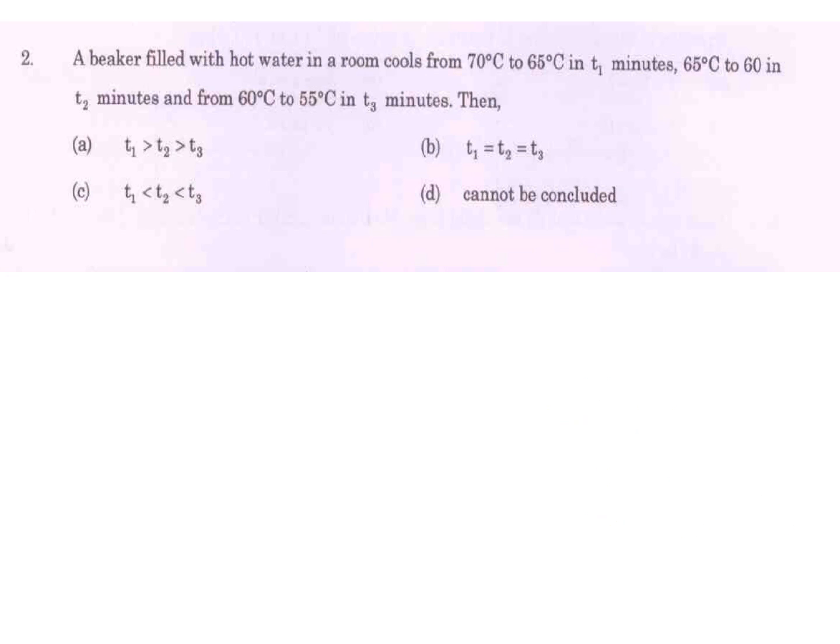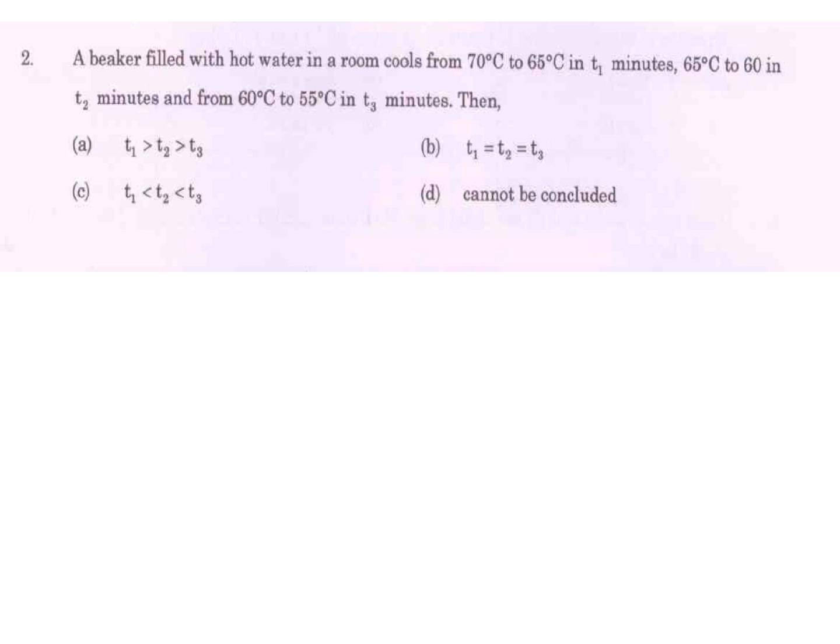A beaker filled with hot water in a room cools from 70 degrees Celsius to 65 degrees Celsius in T1 minutes, from 65 to 60 degrees Celsius in T2 minutes, and from 60 to 55 degrees Celsius in T3 minutes.